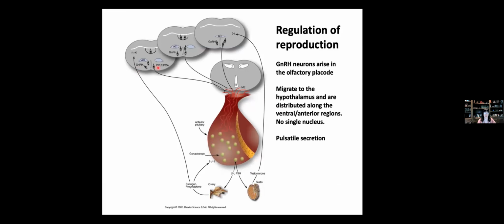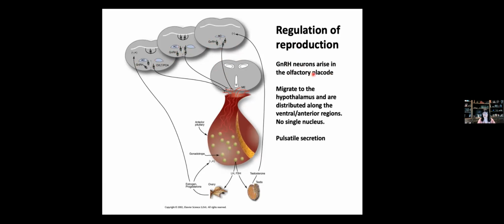So again, this shows you all the different places where GnRH neurons are found along the hypothalamus, but they all end up sending their axons to the median eminence to empty into these vessels and then be transported to the gonadotropes. Now, the interesting thing is that the neurons themselves arise embryologically from the olfactory placode.